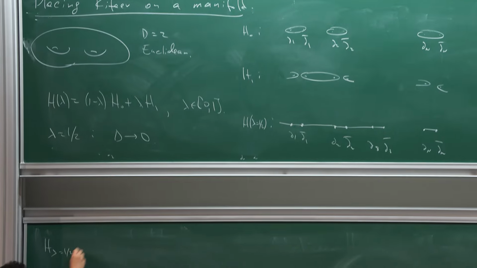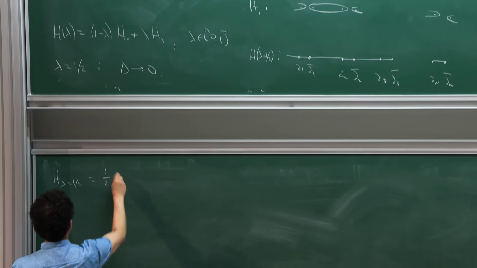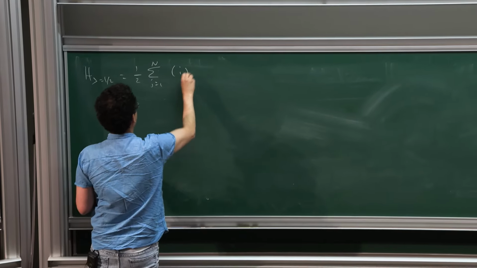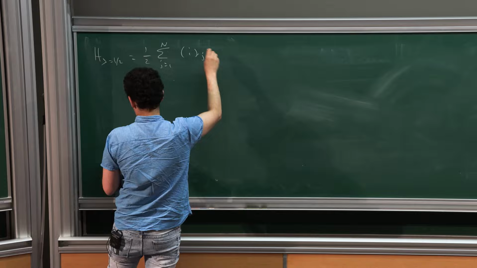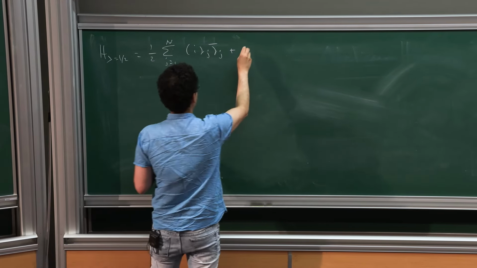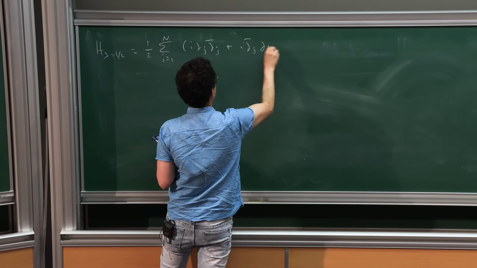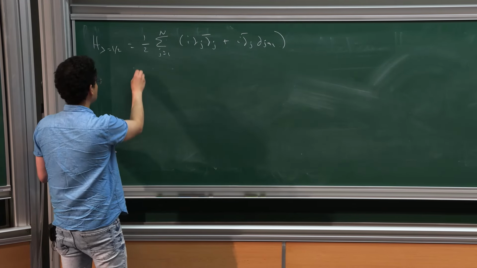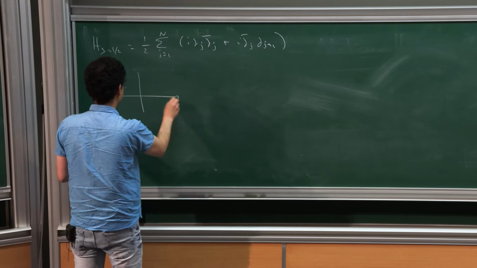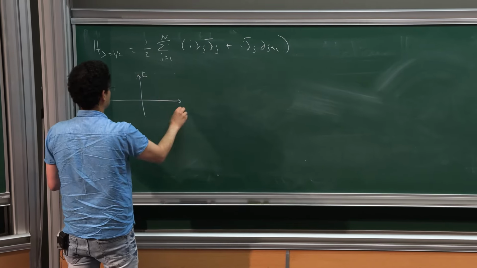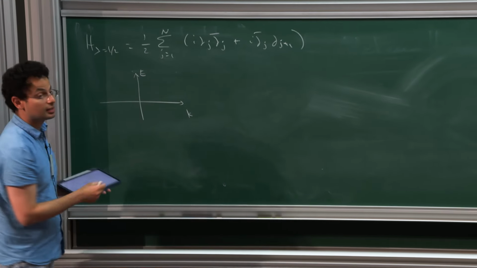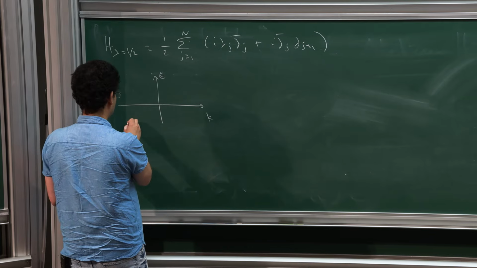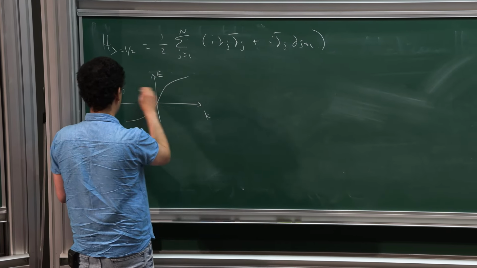H at lambda equal 1/2 is the sum from j equals 1 to n of i gamma j bar gamma j plus i gamma j bar gamma j plus 1. And when you diagonalize it, what you find is that the single particle dispersion has the following shape.